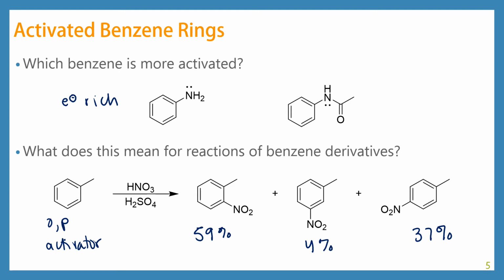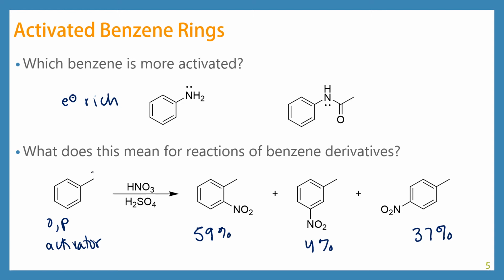Now I want to look at something real fast. It's a pretty easy hypothesis to come by that the para product should actually be the major product in any reaction, because the further apart these two groups are, the less sterically hindered they are. But what you'll actually come to find is that unless the existing substituent is massive, like cyclohexane or a t-butyl group, the steric effects are actually very little.